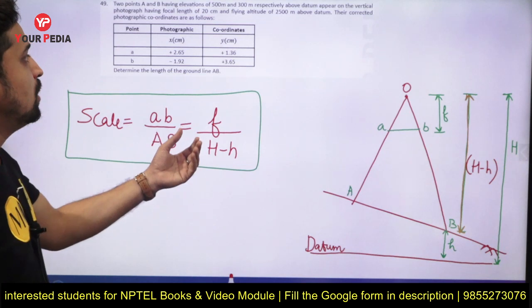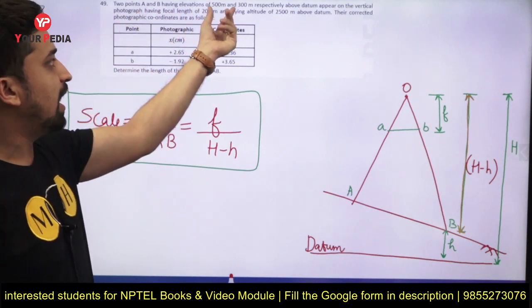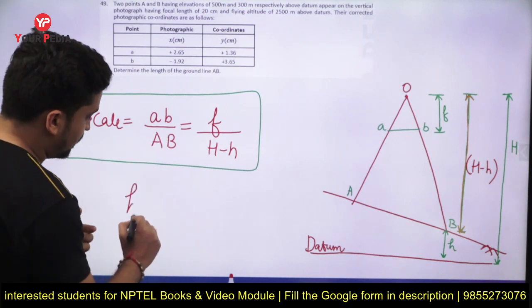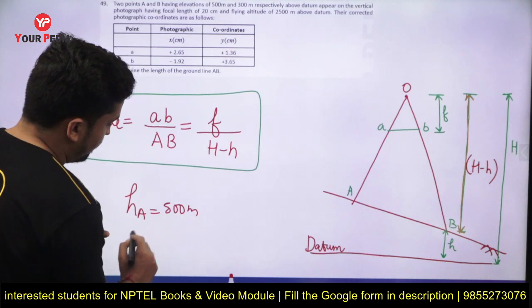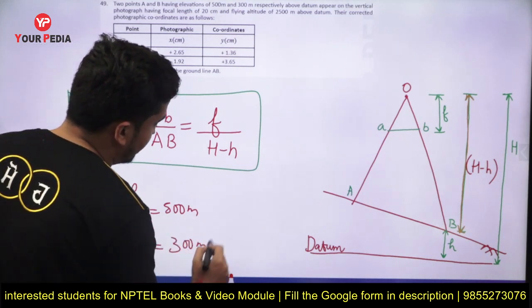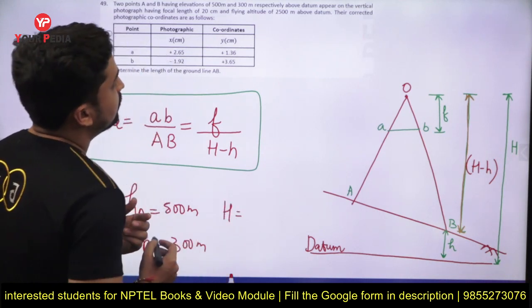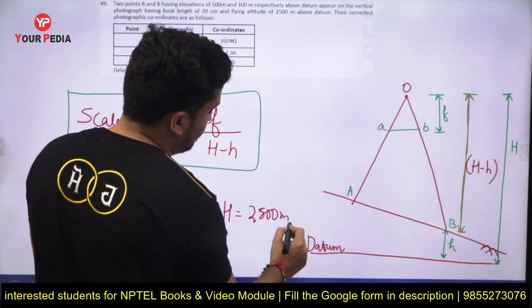They have given you that the elevation of point A is 500 meters, so hA is 500 meters and hB is 300 meters, and capital H is given as 2500 meters.